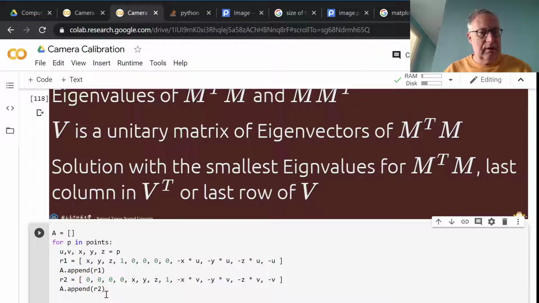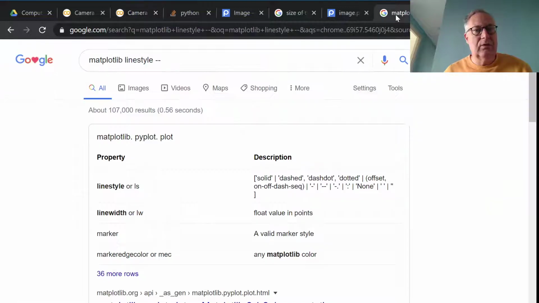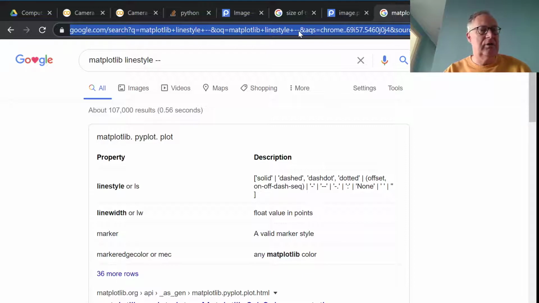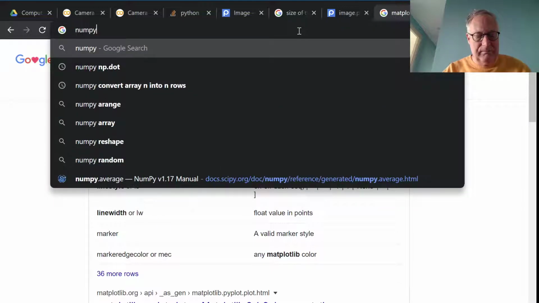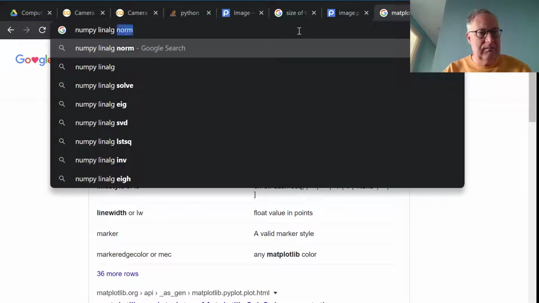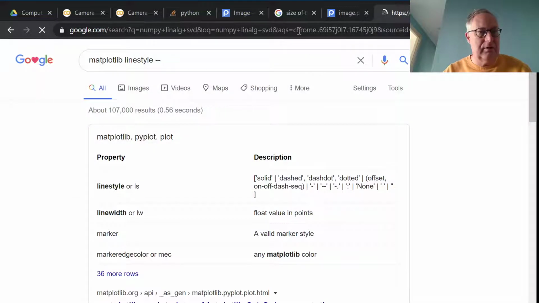So now we don't have to implement the singular value decomposition, luckily. That one is implemented in the NumPy linalg package. So we can check what the parameters are.